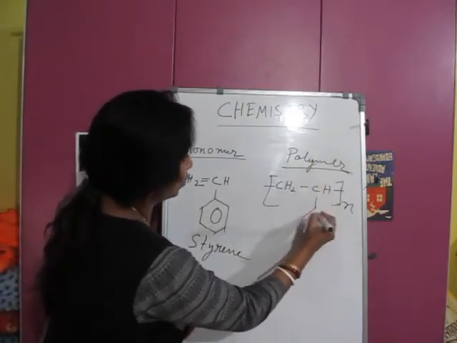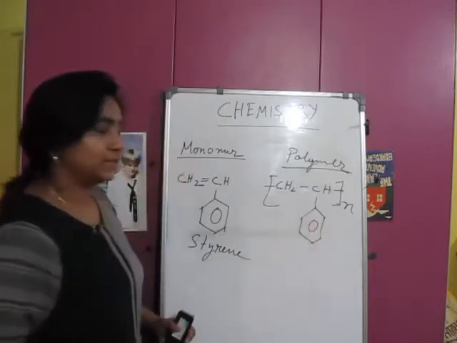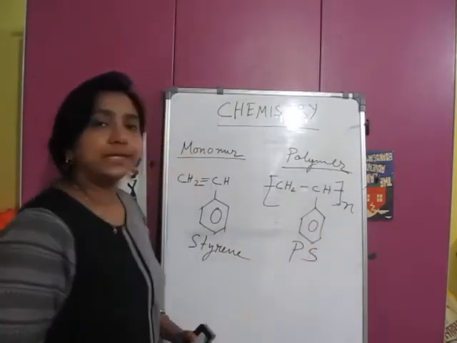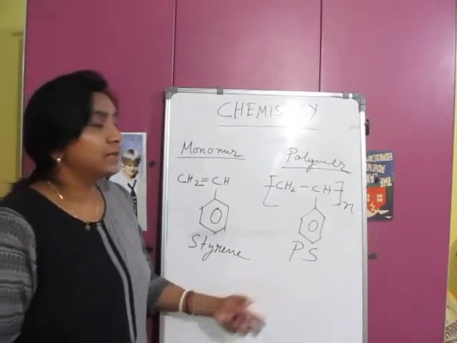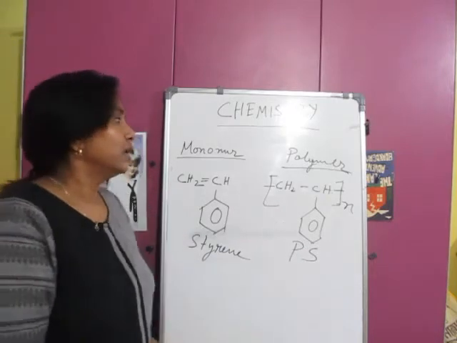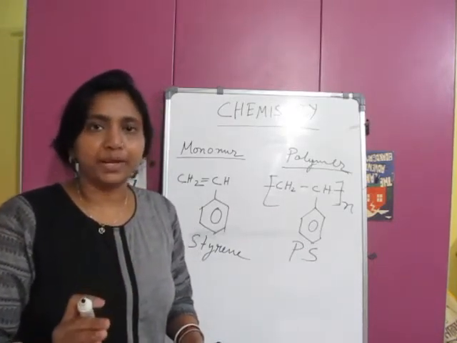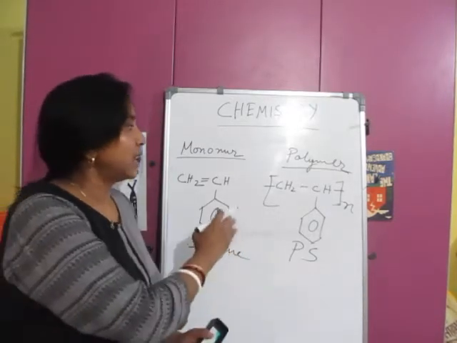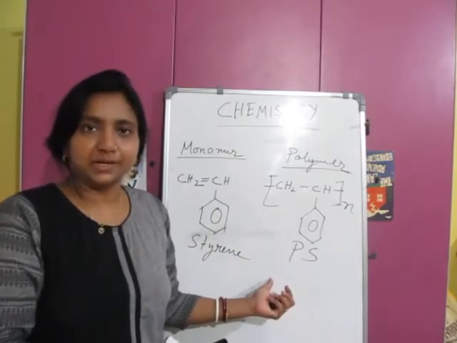Instead of chlorine, we write here a benzene ring. That is the structure of polystyrene. Okay, so you have learned the different structures of polymers like polyethylene, polypropylene, polyvinyl chloride, polystyrene, and these are very commonly used polymers and the easiest structures, I can say.